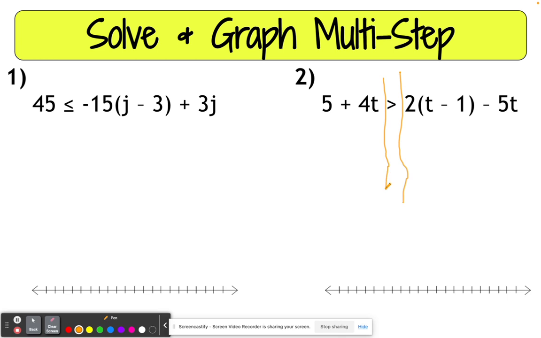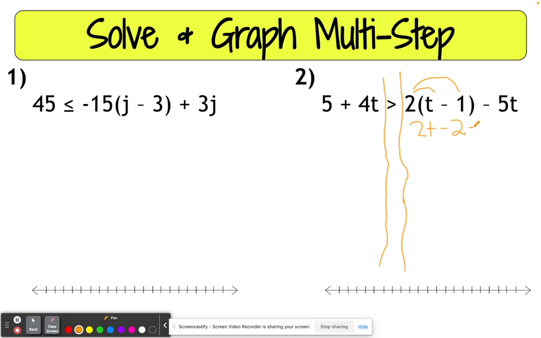We start by distributing. I think I'm going to need a lot of space, so I'm going to draw my line down far. We start by distributing on the right side. 2 times t is 2t. 2 times negative 1 is negative 2.